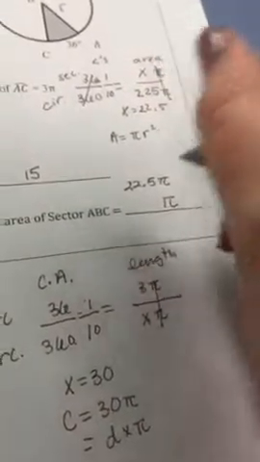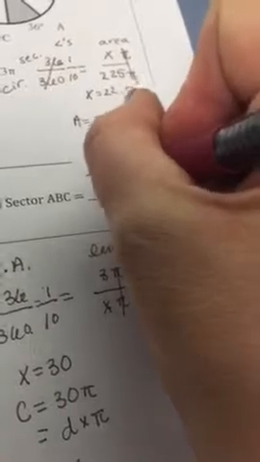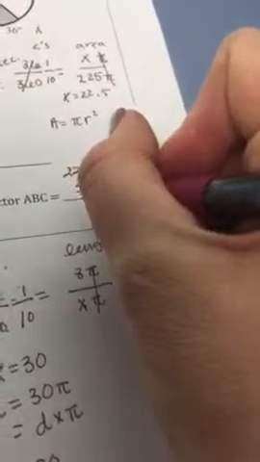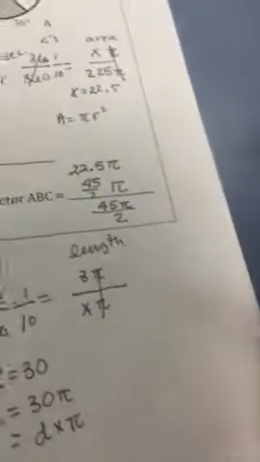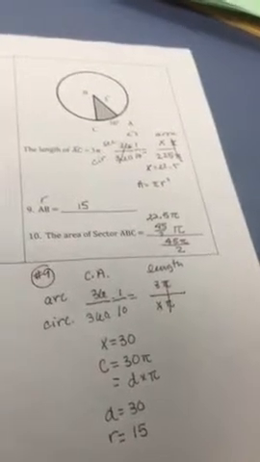So that's going to be the same as 45 halves. So you could write this as 45 over 2 pi. And if you really want to be a good mathematician, really the preferred notation is 45 pi over 2. In my opinion, these are all acceptable answers for question number 10.